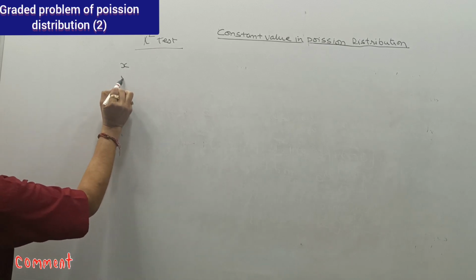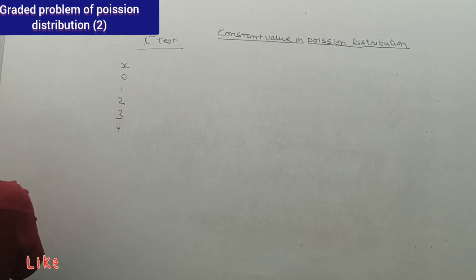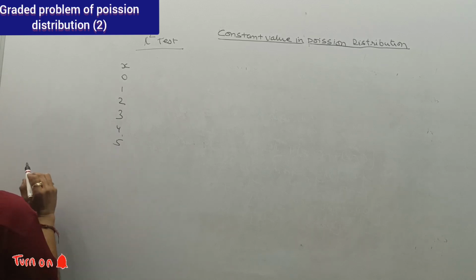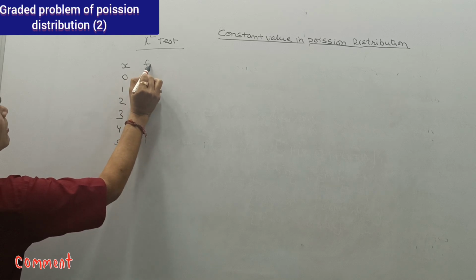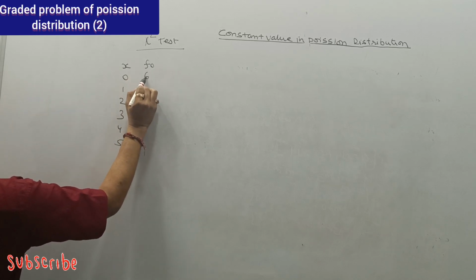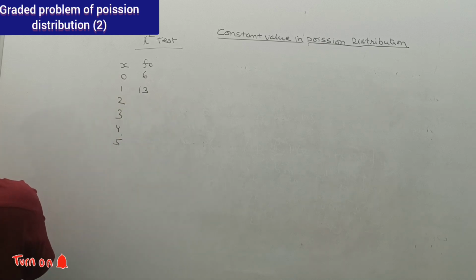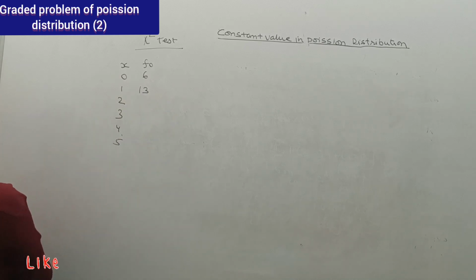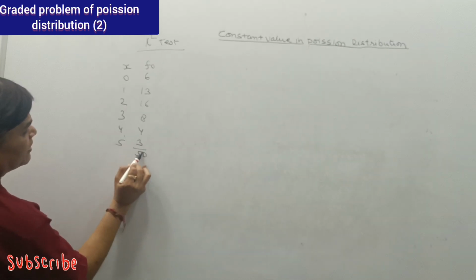Number of defective, that is 0, 1, 2, 3, 4 and 5. Actual observed frequencies are 6, 13, 16, 8, 4, 3, among 50.